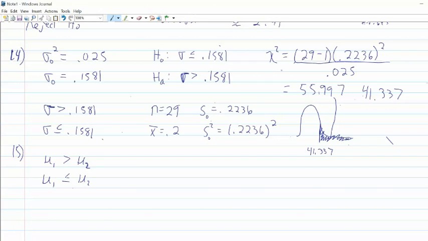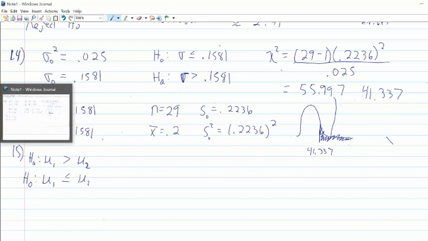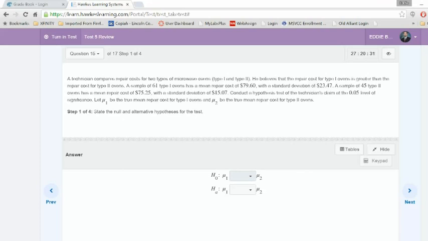That means our null hypothesis is going to be that one, and the original claim is going to be our alternate hypothesis. I believe we just select the boxes here, and this first one is going to be the null, which, remember, was less than or equal to. The next one is going to be greater than.